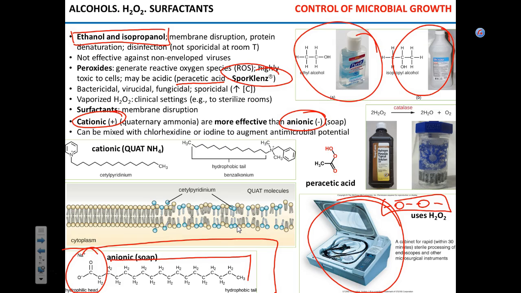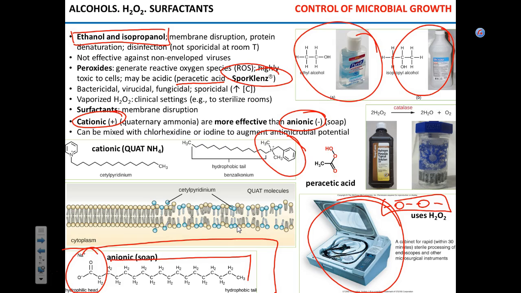Now the surface of bacteria is also negatively charged. So anionic surfactants do not effectively bind to the surface of bacteria. Does that make sense? A negative charge doesn't really attract another negative charge. Does that make sense?